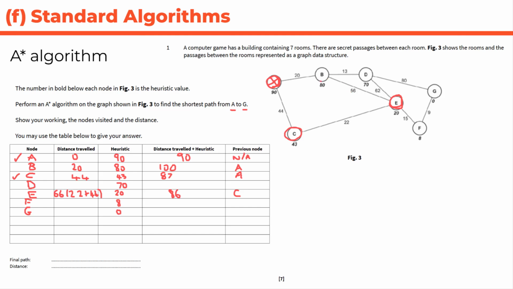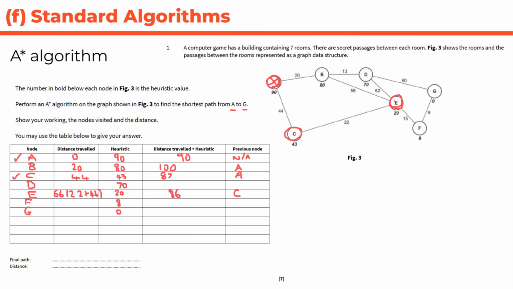What? So I know that 66 plus 56 is higher than the cost of getting to B originally. Okay? And then with the heuristic added, it's also bigger than 100. So this does not get replaced. There is a faster way to get there, and it's definitely not via E in the first place.